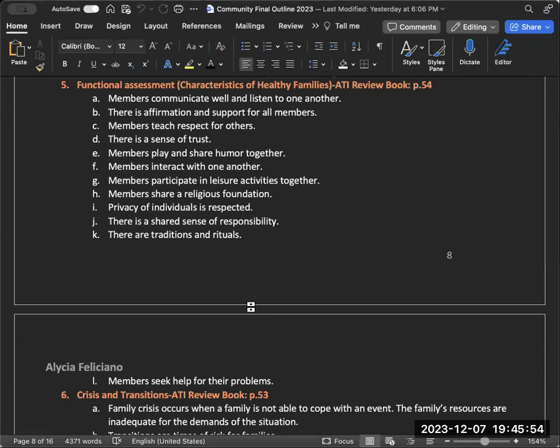I know sometimes it feels like we have to memorize a lot of things, but the examples you gave are examples of a healthy family. And what it says here from ATI is that they're able to communicate and listen to each other. There is affirmation and support. There's respect. There's a sense of trust. They can share humor together and interact with one another, have leisure activities together, maybe even share a religious foundation.